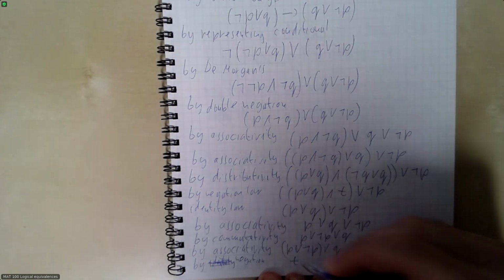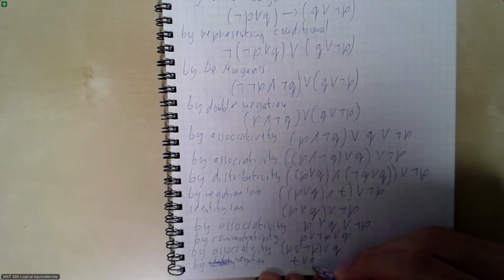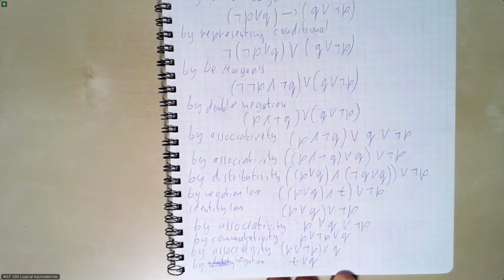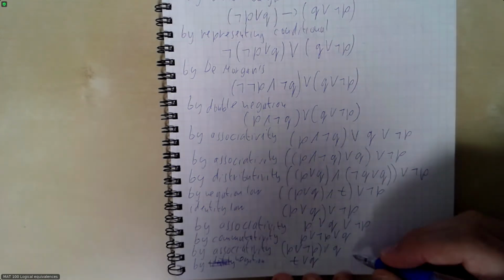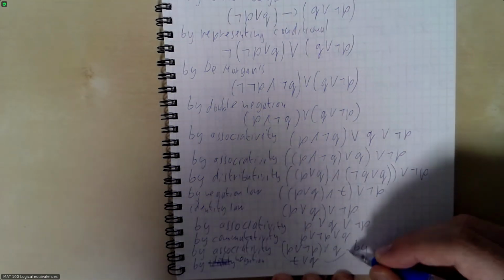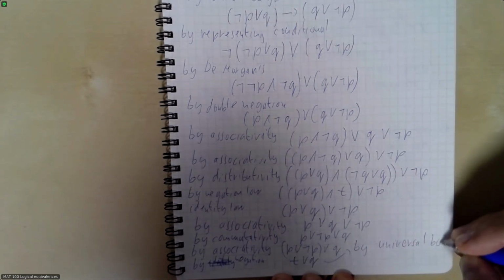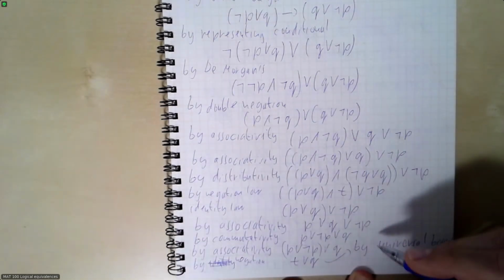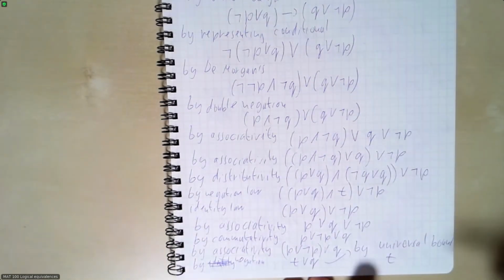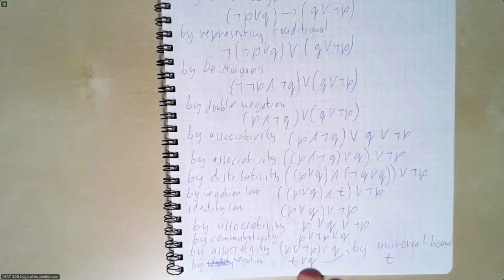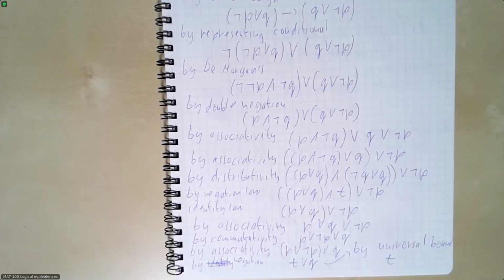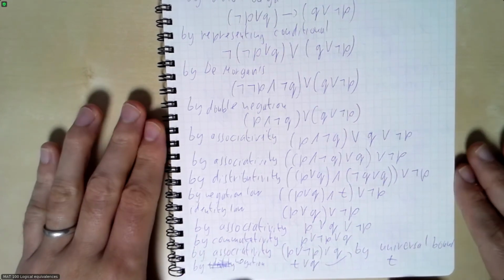So this would be something always true or Q. And now, by universal bound, from there, I have just T. Okay, that's a tautology. Because something which is always true or Q does not depend on Q. That's just a tautology. Okay, so that finishes this proof.